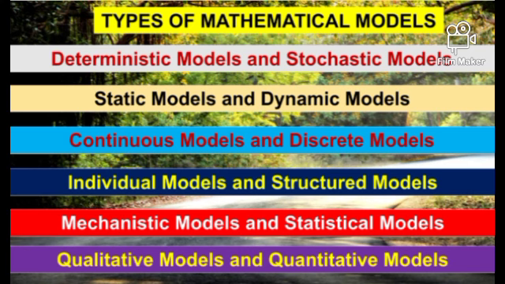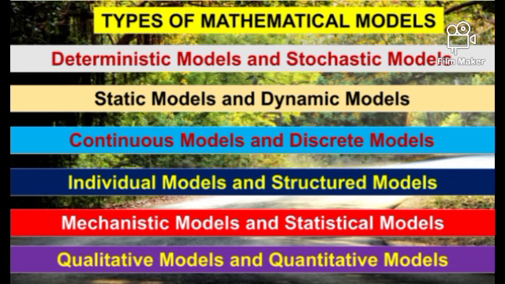Deterministic models have no components that are inherently uncertain, meaning deterministic models have no parameters that are characterized by probability distribution, like the models that we find in linear programming.